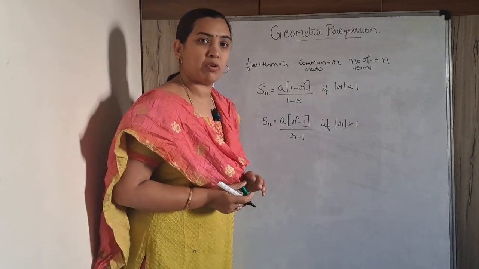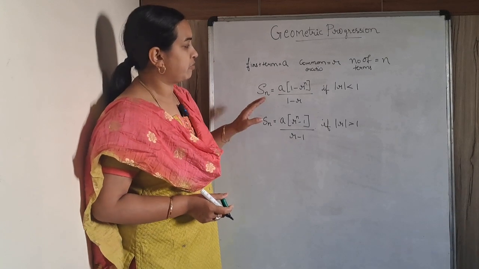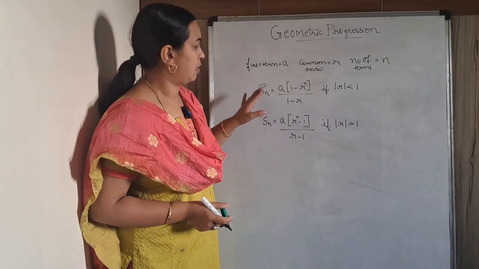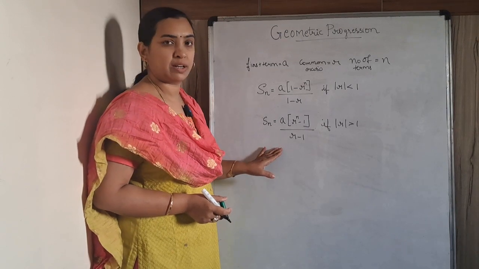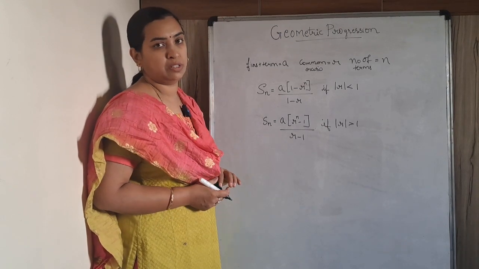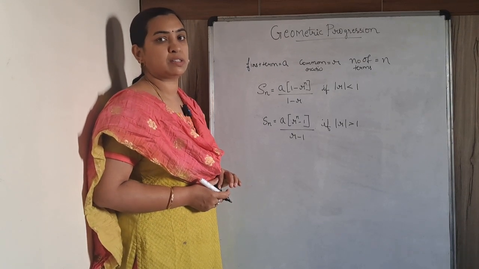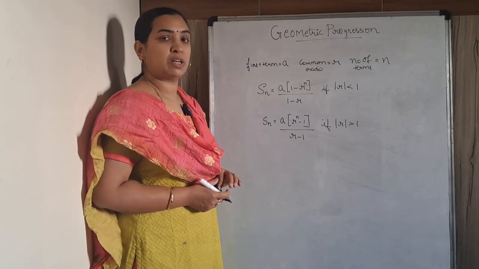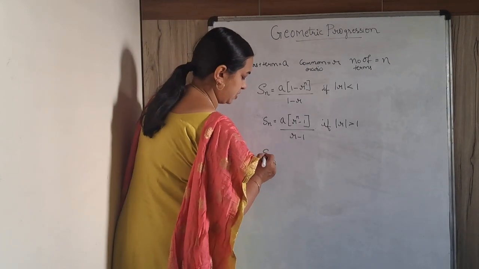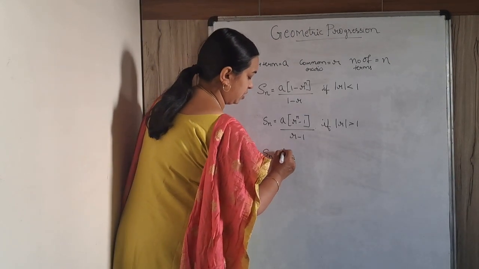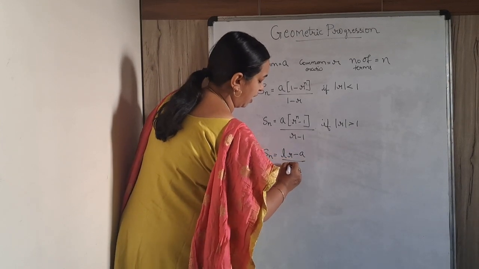So you should be careful while choosing the formula to find the sum in GP. That is, if mod R is less than 1, you have to use this formula, or else if mod R is greater than 1, you are going to use this formula. Suppose you know the value of the last term L, there is one more formula, that is Sn is equal to (LR minus A) by (R minus 1).